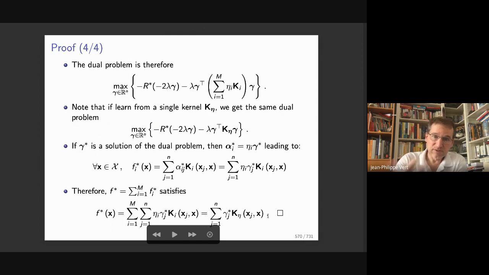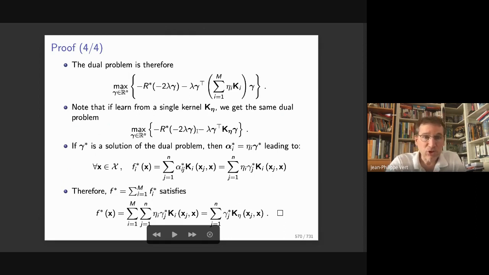Right? And this equation is exactly the equation you would get if you trained a single model with a single kernel k eta, because you know that if you train with k eta, the solution is given by f star equals the sum of gamma j k eta of xj x, where the gamma j solve the dual problem that we saw earlier.